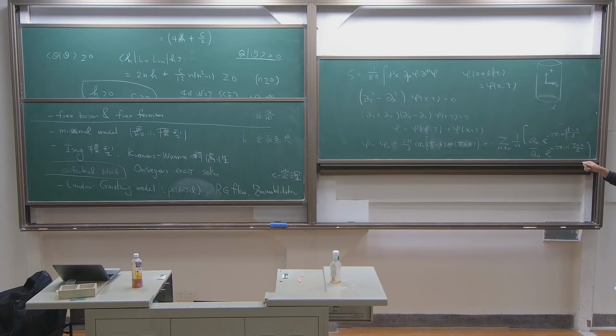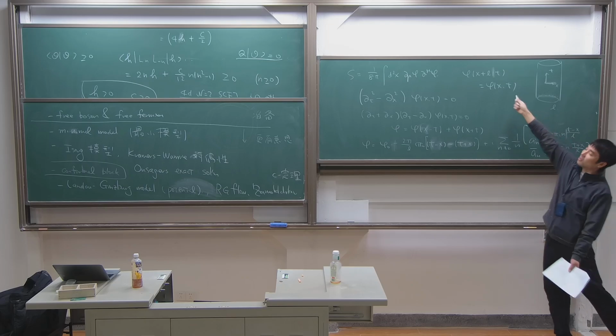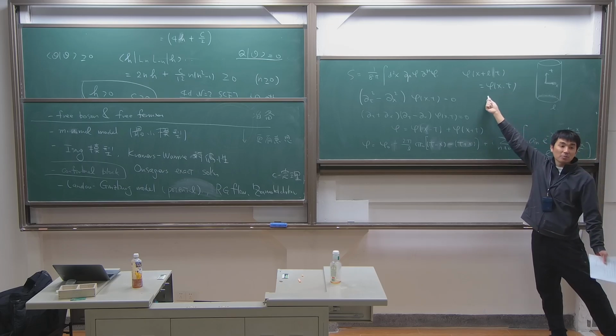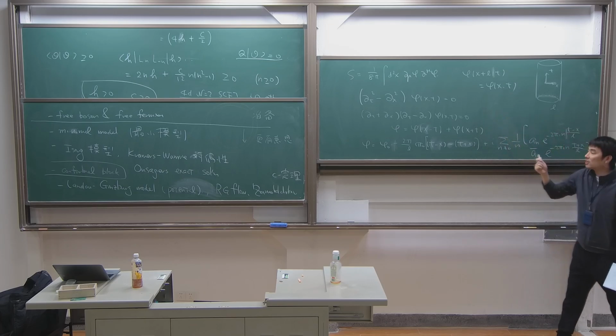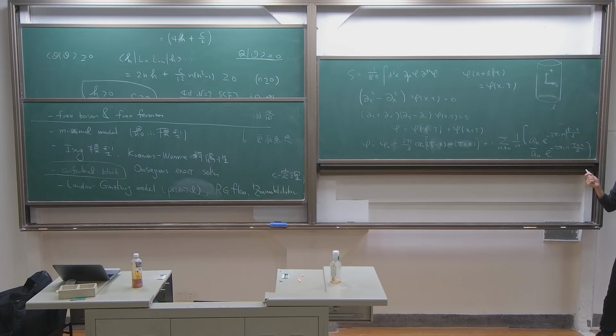So if x goes to x plus L, it has to be equal to the same thing. You have to satisfy this boundary condition. Okay. So this is the only solution one can have. It's easy to do. I mean, x goes to x plus L, it just shifts by an integer shift, and that doesn't do anything.